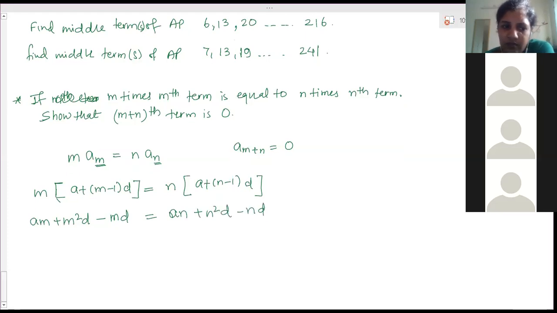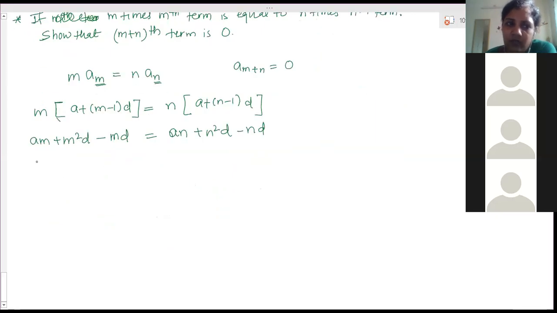Then take all the terms to one side: am minus an, similar terms I keep subtracting, plus m square d minus n square d, minus md, and on this side it is minus nd, which will go to the LHS and become plus nd, that is equal to 0.